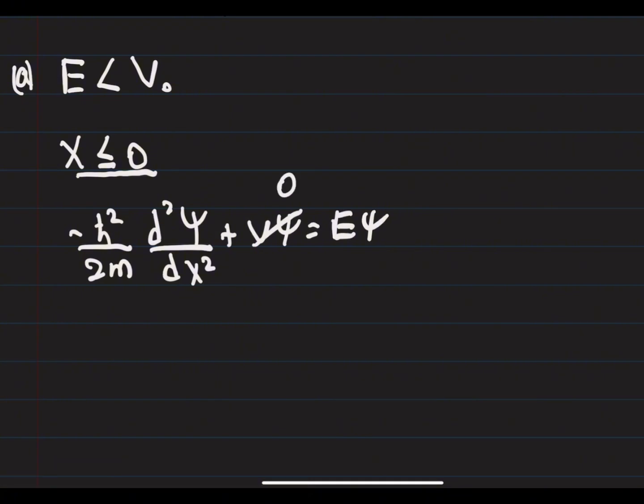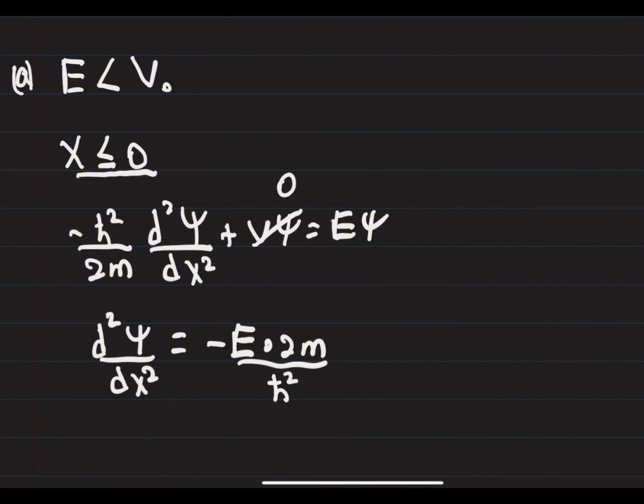So we could rewrite this as the second derivative of psi with respect to x is equal to minus E times 2m over h bar squared psi.